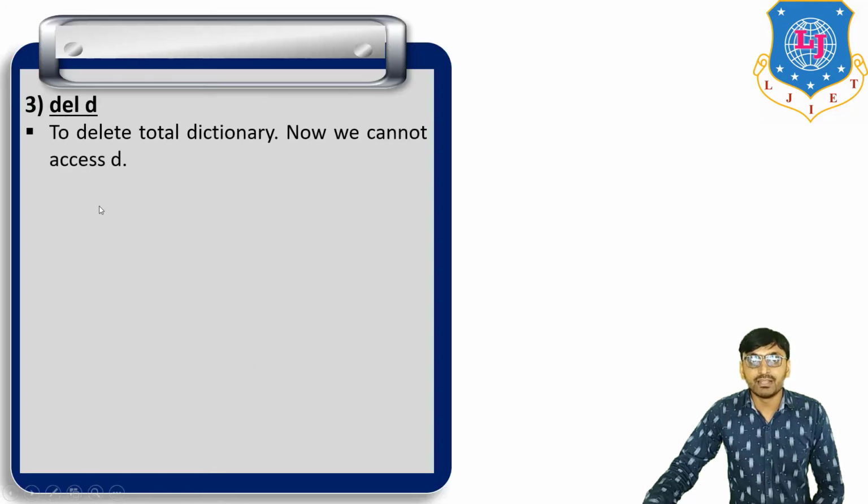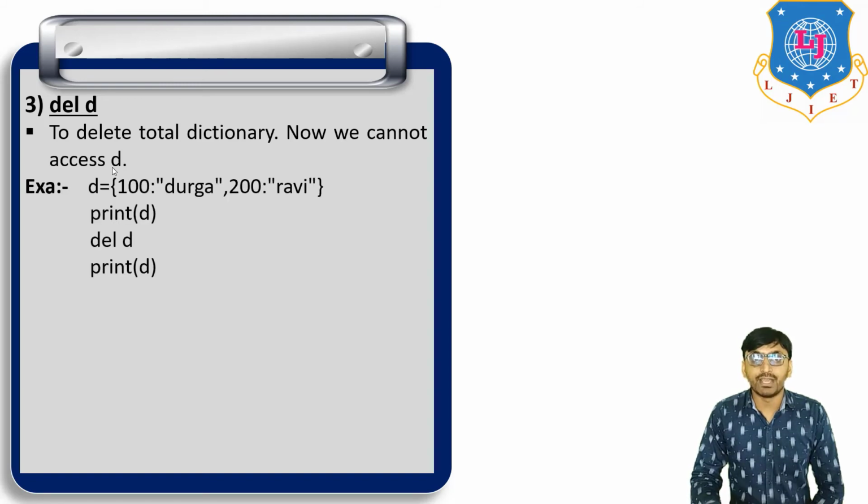Next one is del D. It means it deletes the total dictionary. Now we cannot access D. For example, D is equal to 100 Durga and 200 Ravi. Then print D, so we get this dictionary. Then del D means the total dictionary is deleted. Then print D, and we get an error because the dictionary is not present.